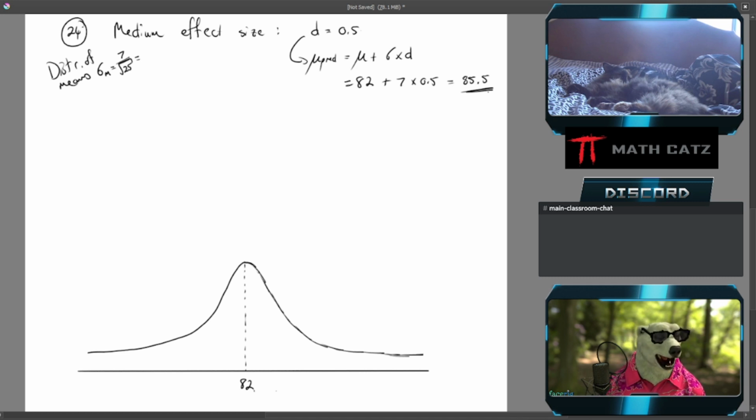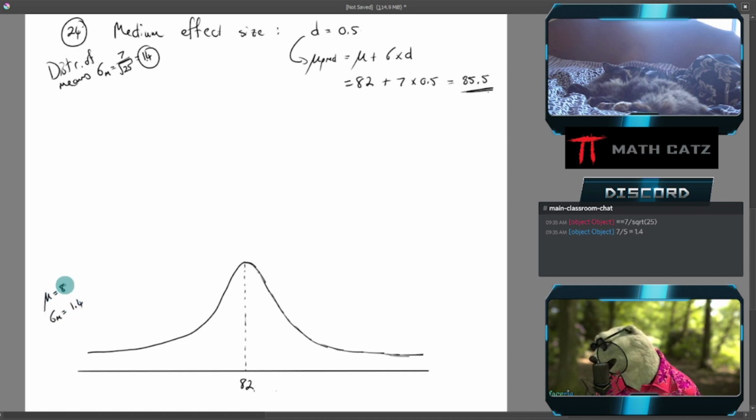Then I'll use SQRT for square root 25 like so, and it gives me my 1.4, which is what we have to use in our calculations. So remember that. Here our sigma m is 1.4. Our mu is 82, like so.